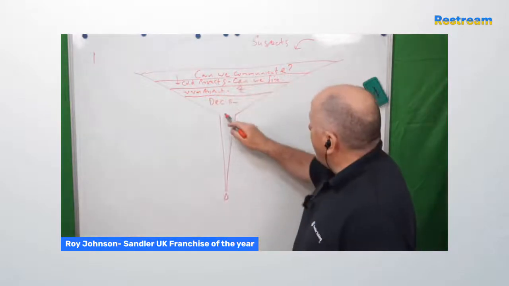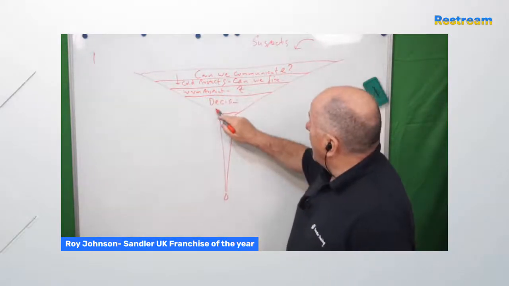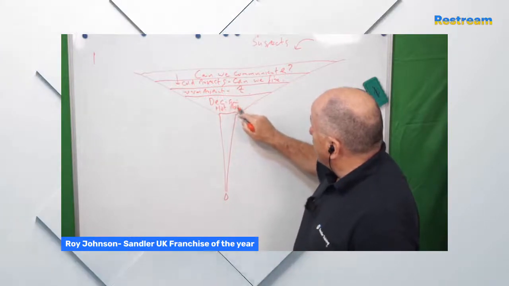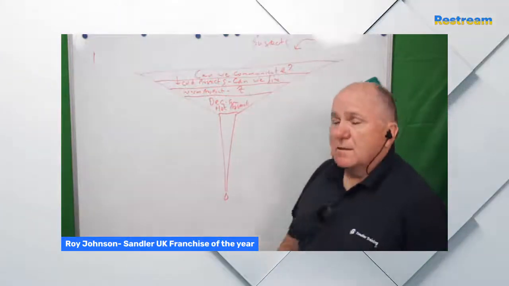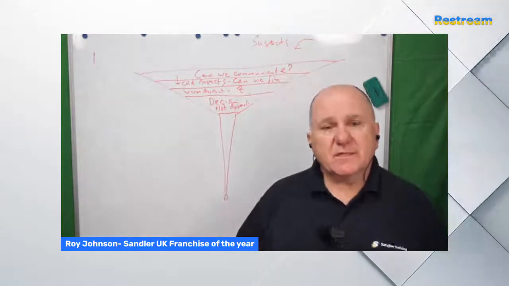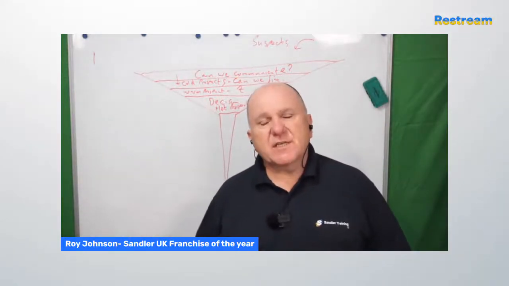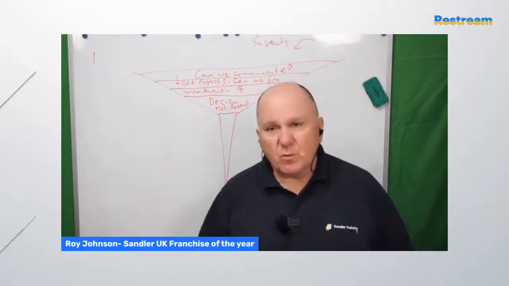Are we okay working within these restrictions? If we have a decision and we're okay with that, they are now a hot prospect, because a hot prospect has the pain that we can fix, has enough money to get it fixed, and the decision-making process is something that we can work with.